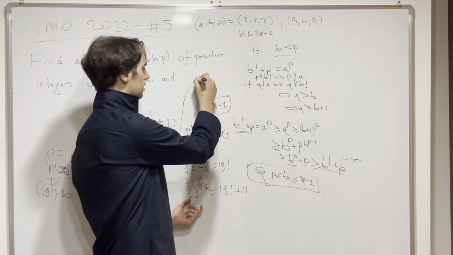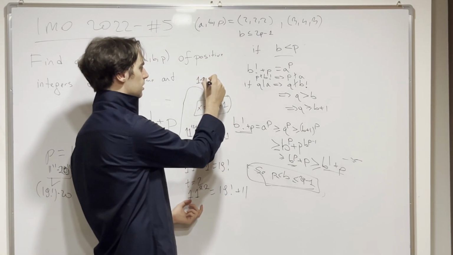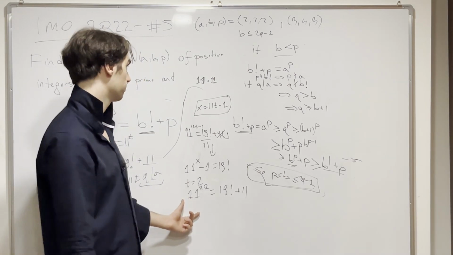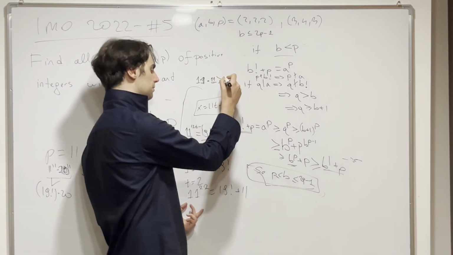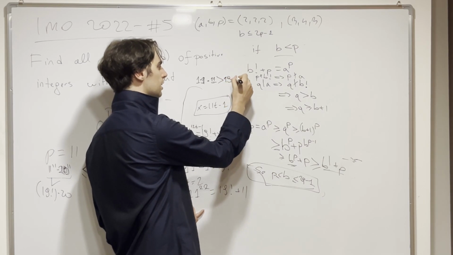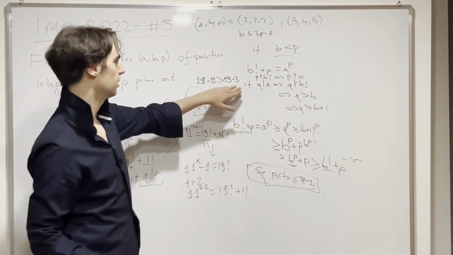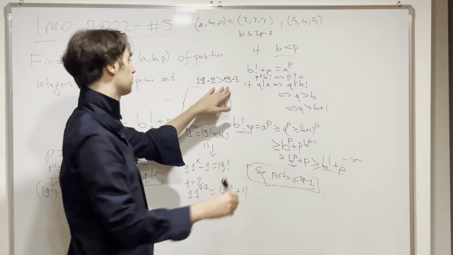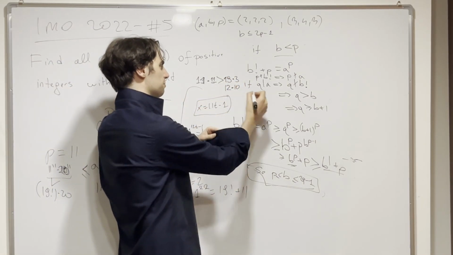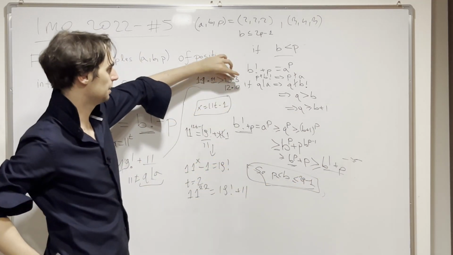I have 11 times 11. Instead of saying 11 is greater than something, 11 times 11 is greater than 19 times 3. Why do I know this? And not just this, it's greater than 12 times 10. These numbers have the same sum.